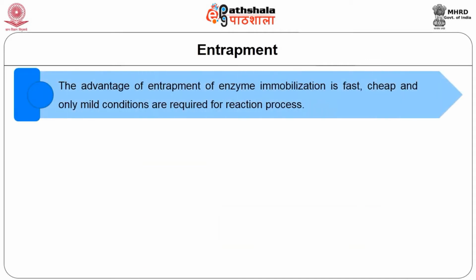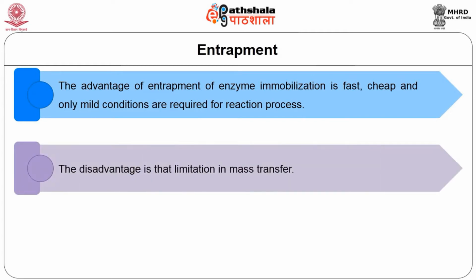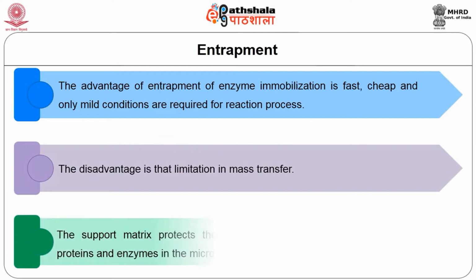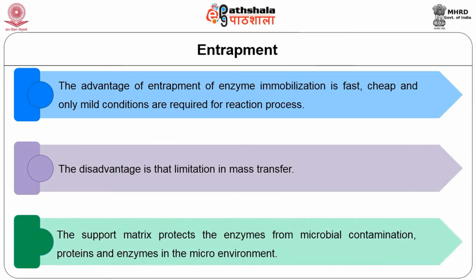The advantage of entrapment is that it is fast, cheap and only mild conditions are required for the reaction process. The disadvantage is limitation in mass transfer. The support matrix protects the enzymes from microbial contamination, proteins and enzymes in the microenvironment.